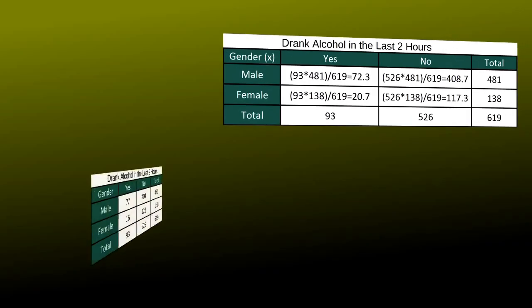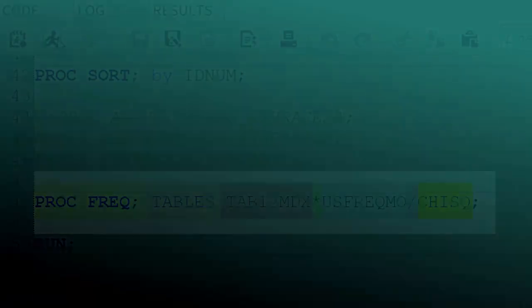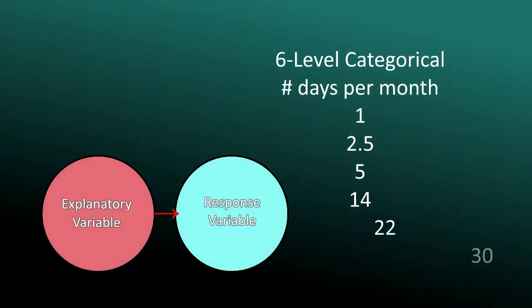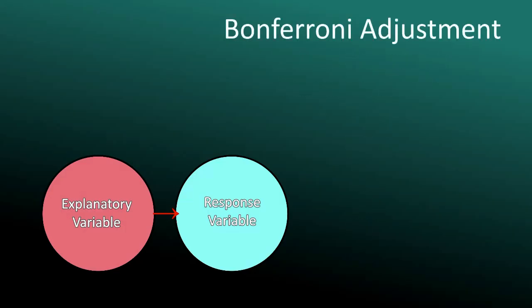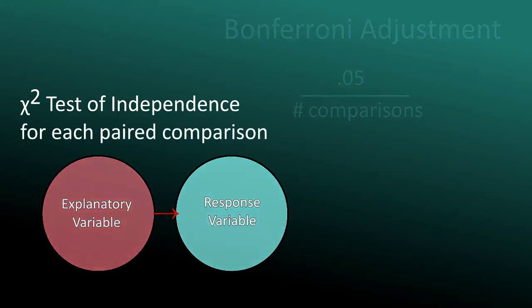The chi-square statistic is calculated considering both the observed and expected counts in each of the table cells. If your explanatory variable has more than 2 levels or groups, you'll also need to conduct a post hoc test. We use the Bonferroni adjustment to protect against type 1 error, and then run the chi-square tests of independence for each paired comparison.